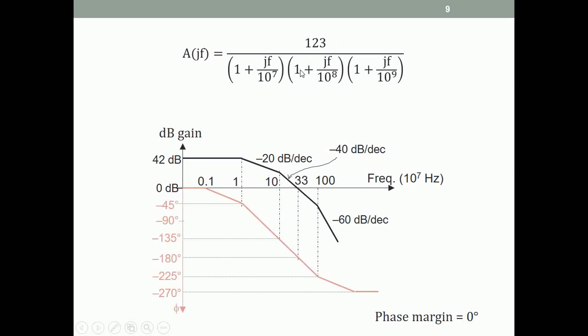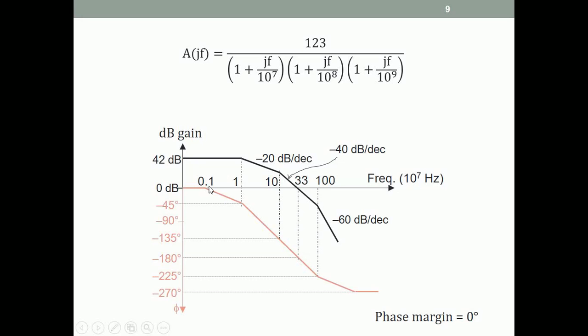Okay, so here is the transfer function. At very low frequencies, for f much less than 10 raised to 7, these three denominator terms are all equal to 1 and the gain is 123, which is about 42 dB. I'm plotting on the x-axis f divided by 10 raised to 7, so this is 1 times 10 raised to 7, this is 10 times 10 raised to 7, and so on.